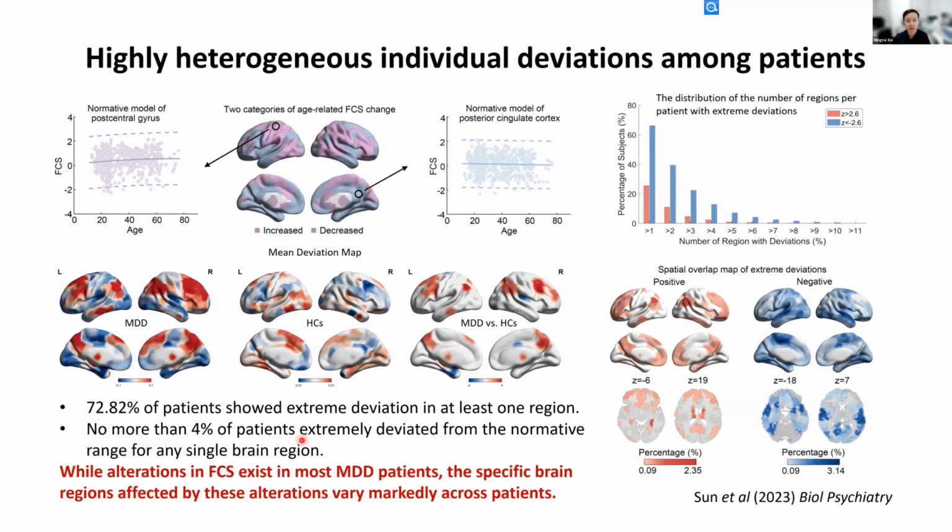And for any single brain region, no more than 4% of the patients showed extreme deviation from the normative range. So this suggests that the specific brain regions with significant FCS change vary considerably from patient to patient.